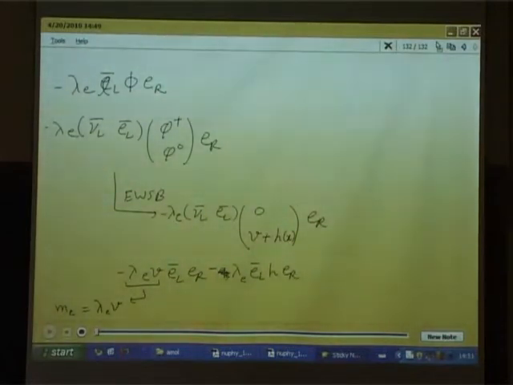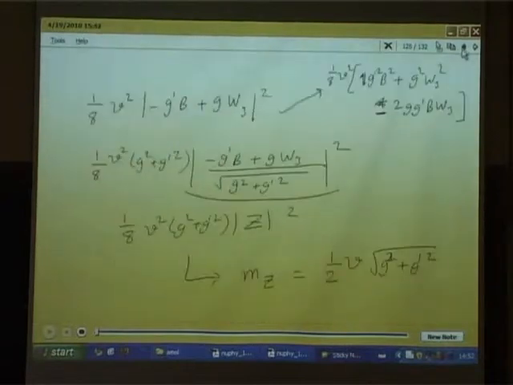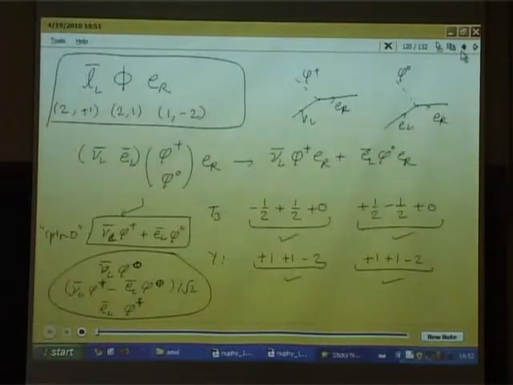This tells me that there is a vertex which involves eL, eR. Remember, yesterday I also drew some vertices. Those vertices had phi in them. So there was the eL, eR and phi 0 vertex.